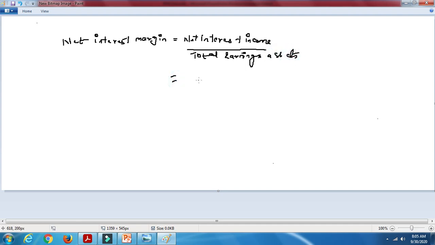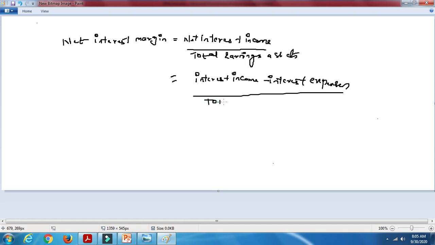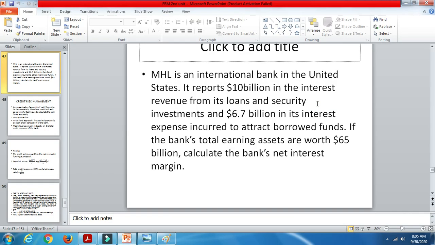Basically net interest income is nothing but the difference between interest income and interest expenses. So we are going to write down interest income minus interest expenses divided by the total earning assets. So how much will it be? 10 billion is the revenue and 6.7 billion is the expense.